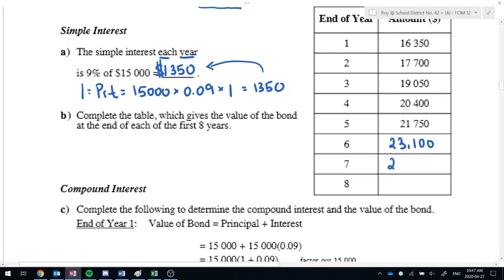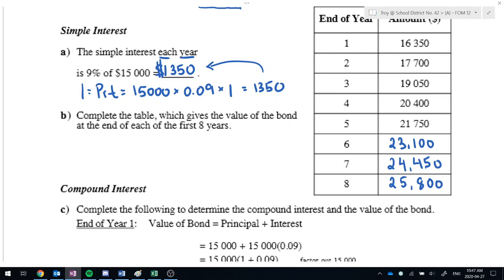We get 24,000, or sorry, yeah, 24,450. And then at the end we get $25,800. Okay. So our 15,000 became $25,800 after 8 years.